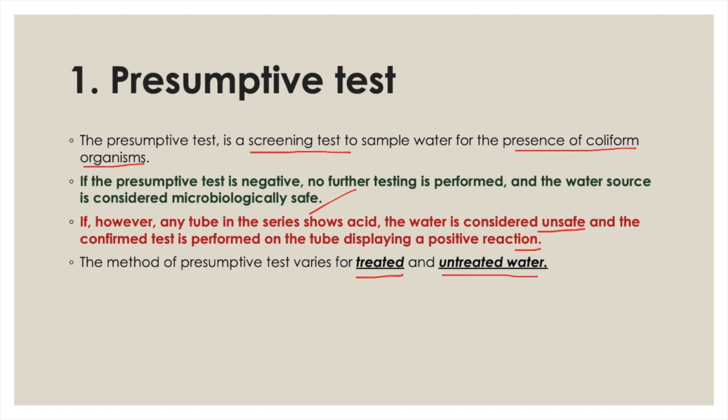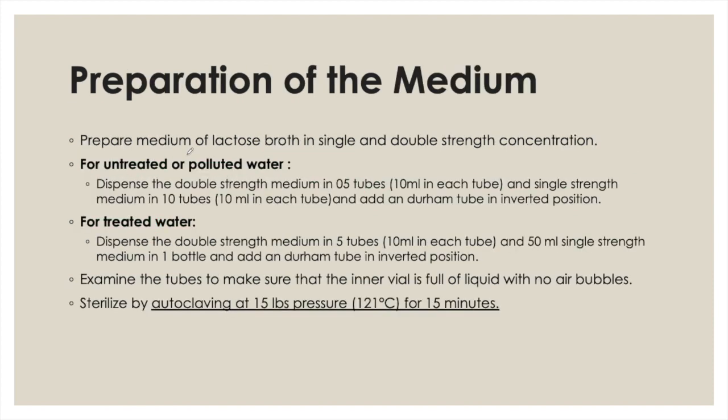But before that, we should know the medium, that is, in which medium the water has to be placed. We prepare a medium of lactose broth in single and double strength concentration. These are not constant; they are in different concentrations.